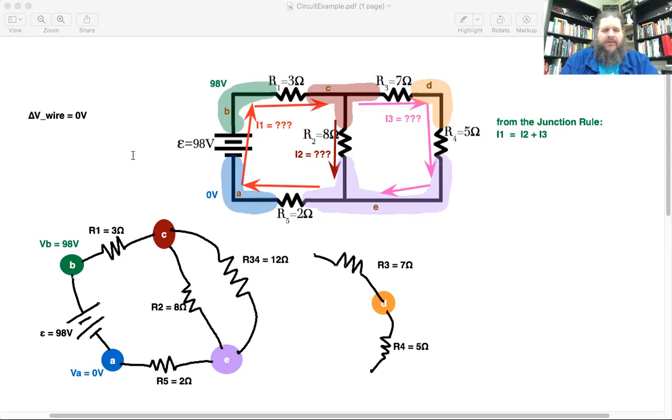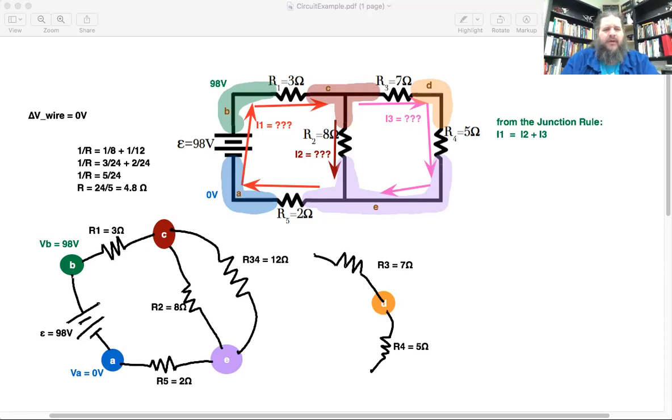Yeah, we can add their inverses. Instead of adding 8 plus 12, we would add the inverses of 8 and 12 and then invert the result. So 1 over R equals 1 over 8 plus 1 over 12. And the common denominator would be 24, probably easiest. So we've got 3 24ths plus 2 24ths. In other words, 5 24ths. Invert that again, we get resistance is 24 fifths, which is 4.8.